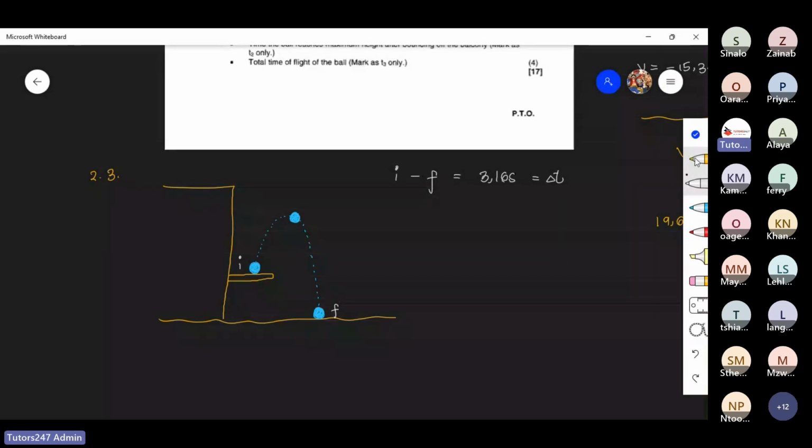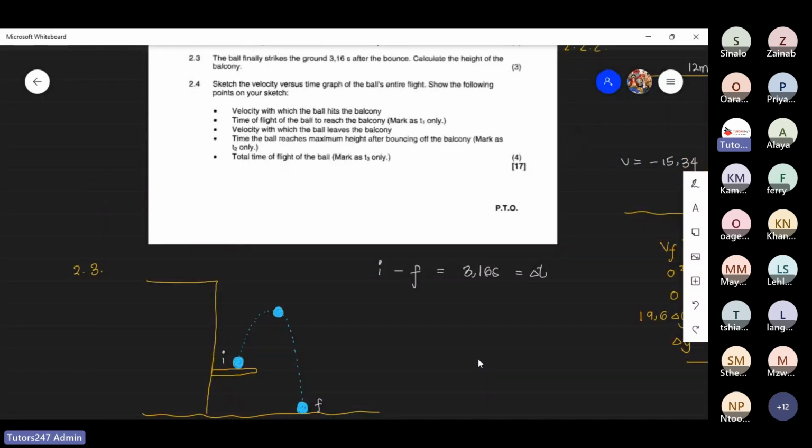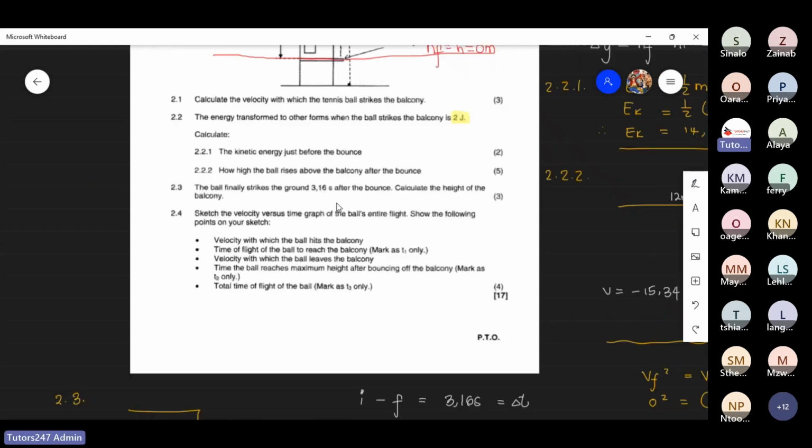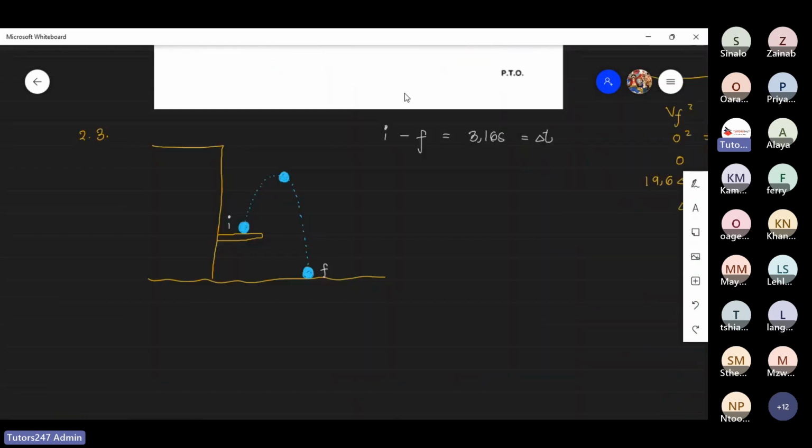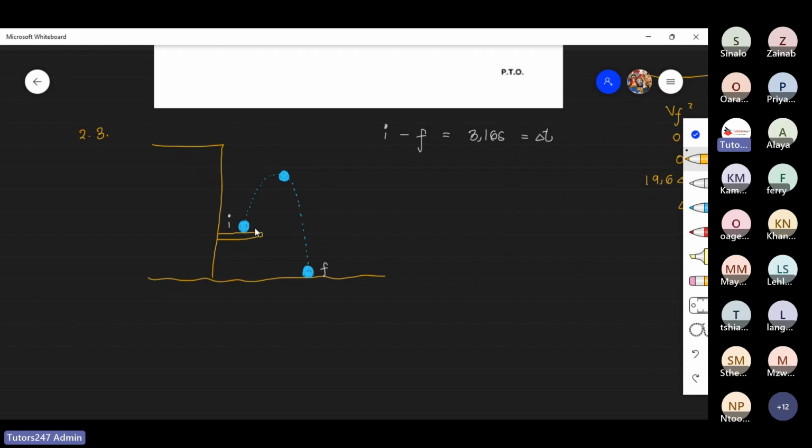So let's continue to read our question. The ball finally strikes the ground 3.16 seconds after the bounce. Calculate the height of the balcony. So let us see what values are known. We know the velocity with which the ball leaves the balcony.